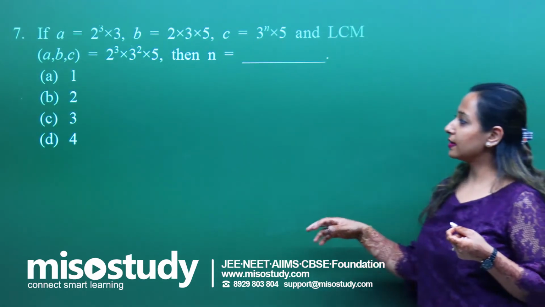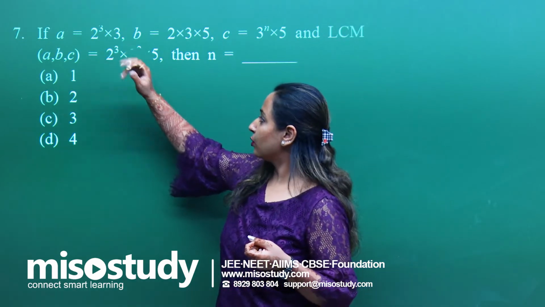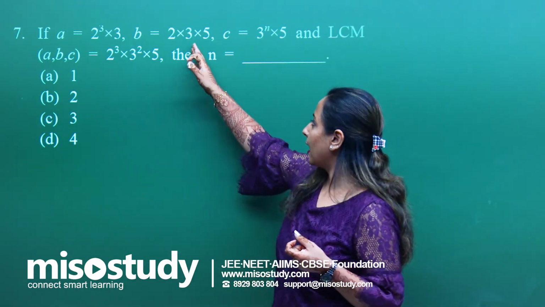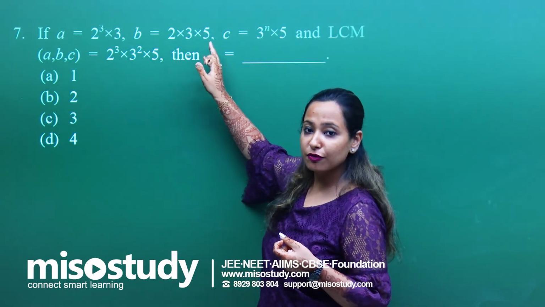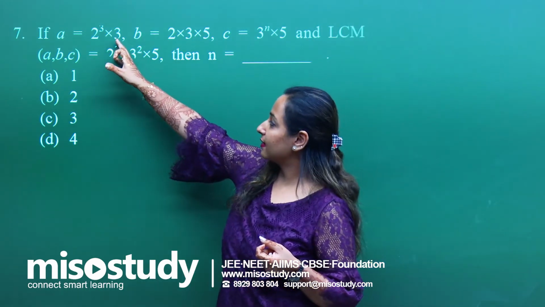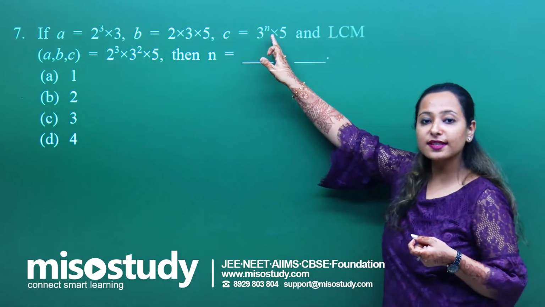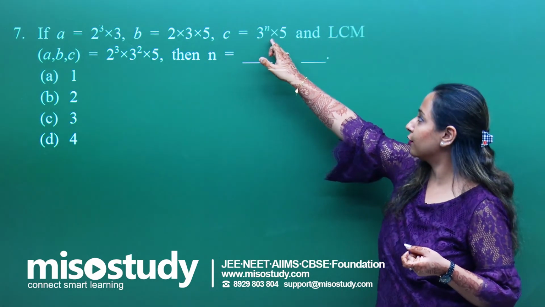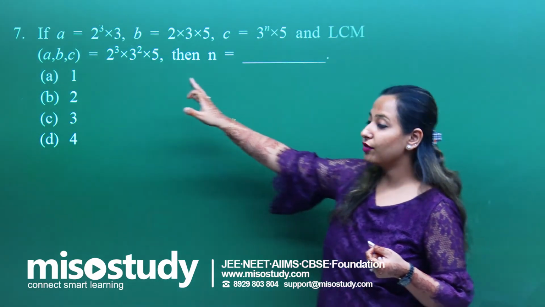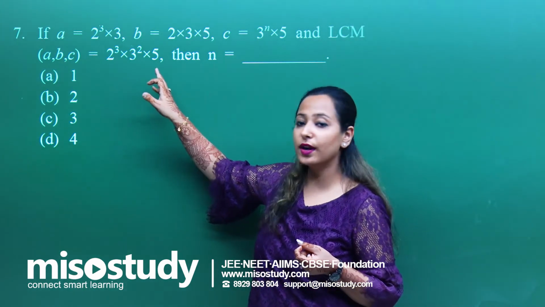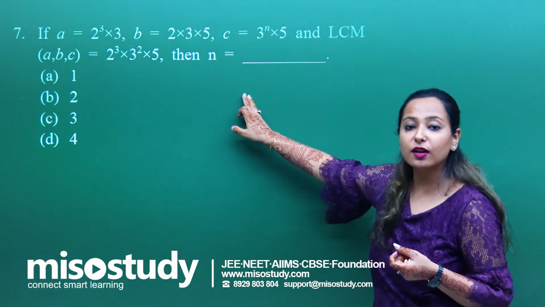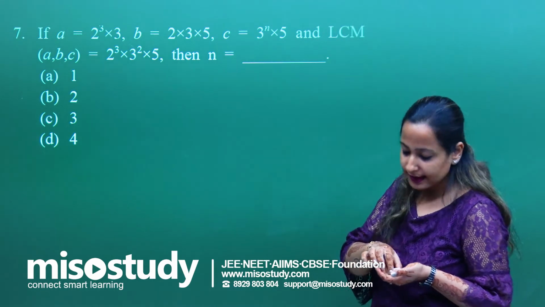The 7th question says that if A is equal to 2 cube into 3 and B is equal to 2 into 3 into 5, so the prime factorization for A and B is already given to you. C is given as 3 raised to n into 5, and LCM is given as 2 cube into 3 square into 5, then you need to find the value of n. Let's see how to do this.